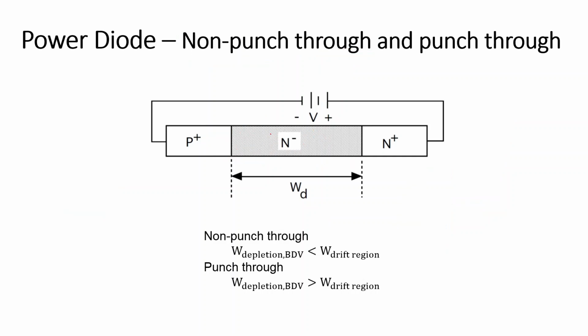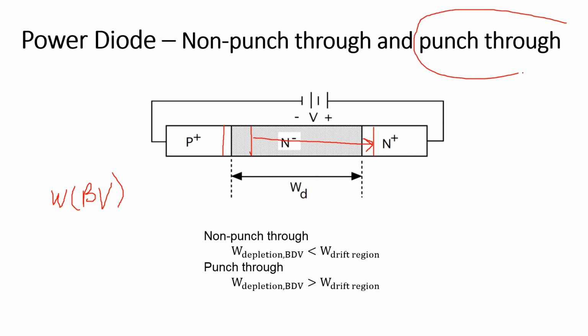On the other hand, if this width of the depletion region increases to such an extent that it enters the n plus region, so if width at breakdown voltage enters the n plus region, then we say that it is a punch through diode.